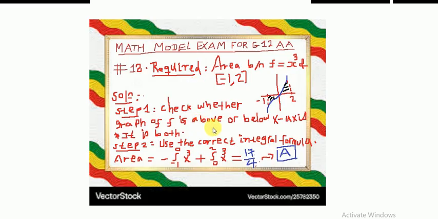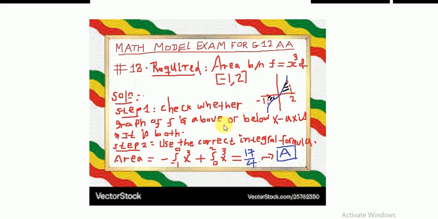So if it is both, how can we find the area of the region from -1 up to 2? That means the area of the region bounded by the line x equals -1, the line x equals 2, the x-axis, and the graph of f. That means this shaded region.